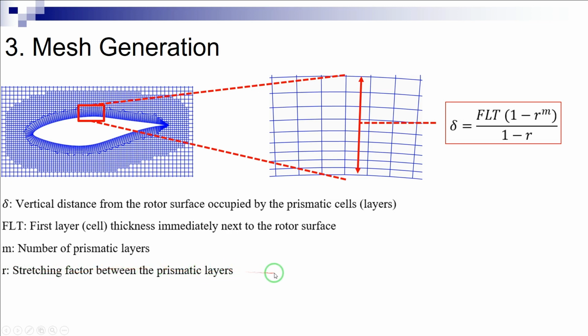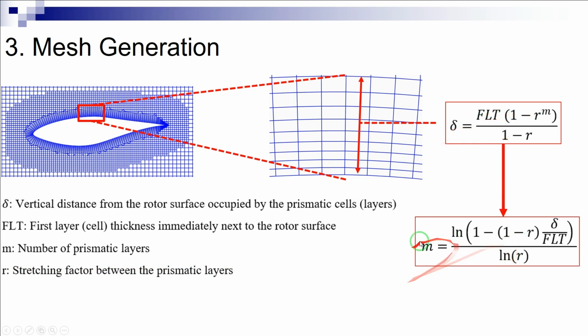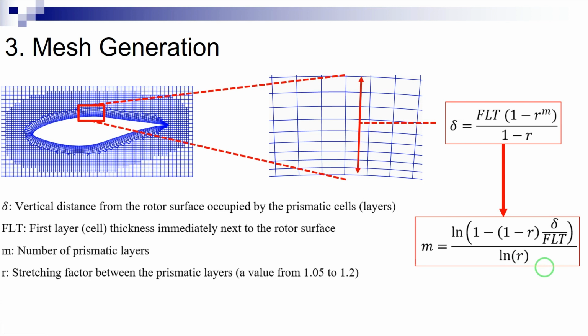Thus, by manipulating this equation, we can obtain this relation to estimate the number of prismatic layers, M. Here, Ln is the natural logarithm. So, the only unknown parameter that remains to be defined is the stretching factor between the prismatic layers, shown here by R. This parameter is directly specified by the user. It is recommended to use a value from 1.05 to 1.2.